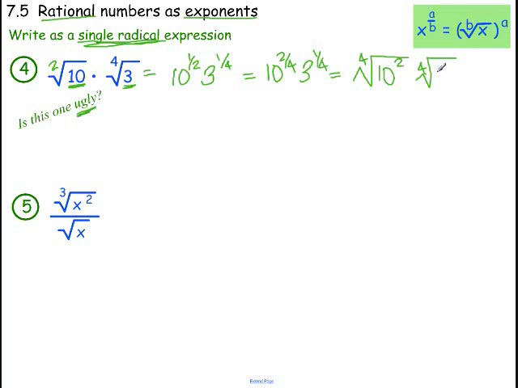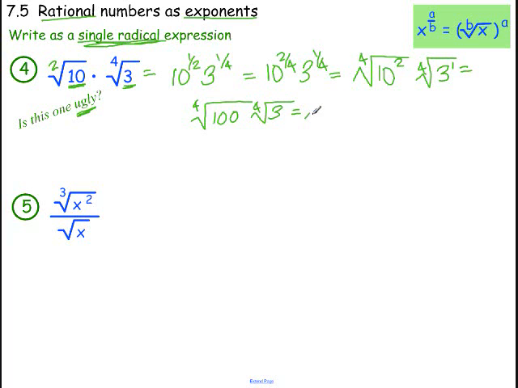This has a base of 3 and a power of 1. That is equal to the 4th root of 10 squared, which is 100, times the 4th root of 3.